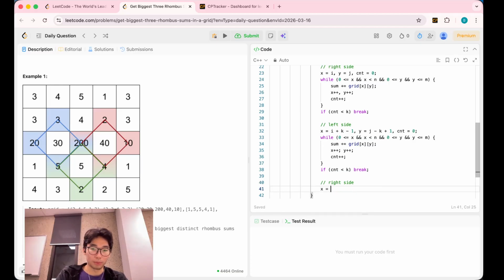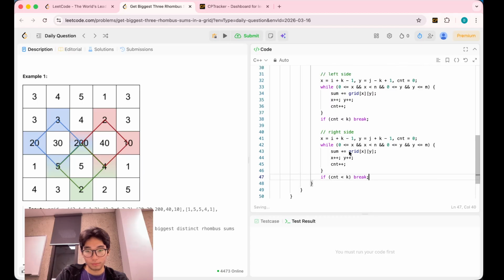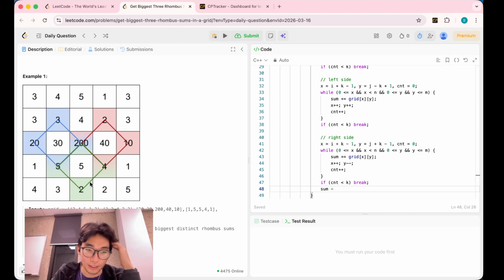The starting point is also a bit different, and the count is 0. Now x is increasing, but y is decreasing. And now we subtract the 4 numbers, because we counted the numbers at those corner points twice, so that's why we subtract them.